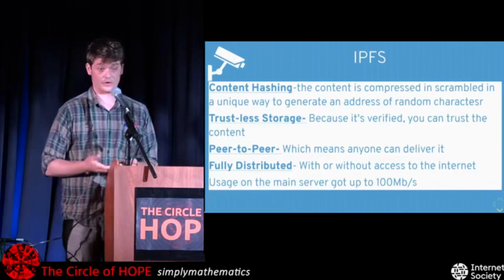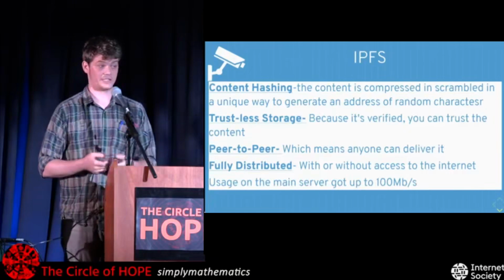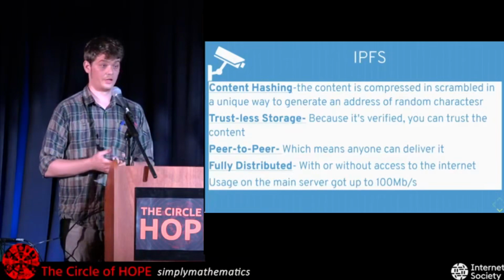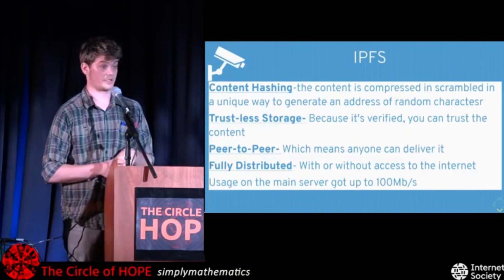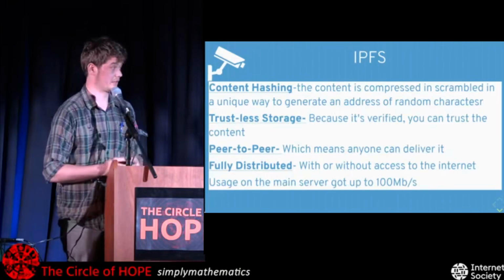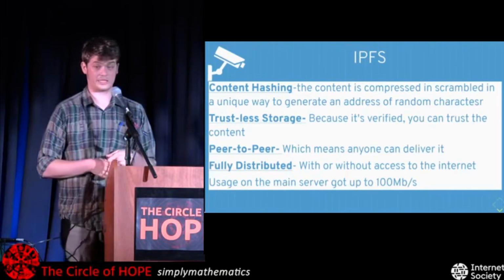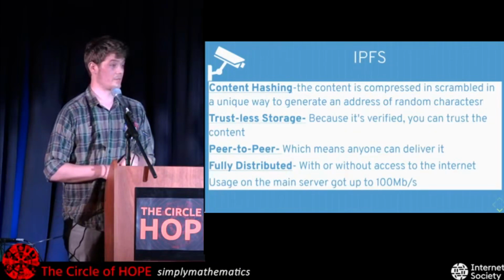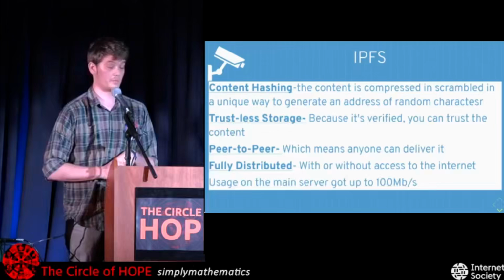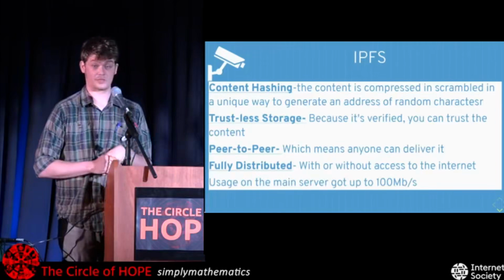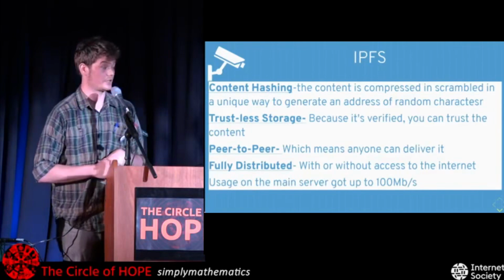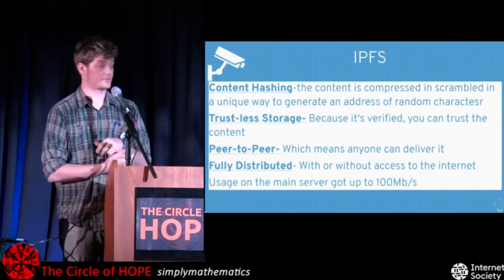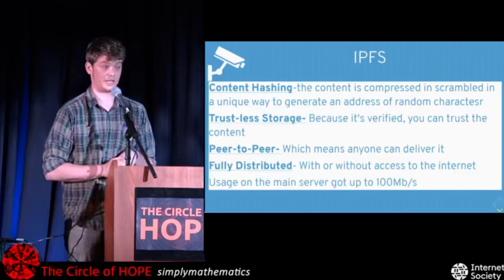Because the content is self-verified, I don't need TLS or any other TCP/IP security mechanism to make sure that it is what I'm expecting. It's peer-to-peer. It doesn't need TCP/IP. Two IPFS nodes on the same network without IP addresses will still find content from each other, and in that sense, it's fully distributed.